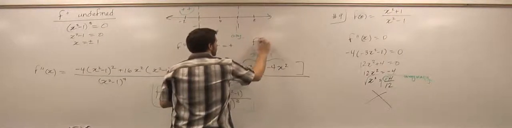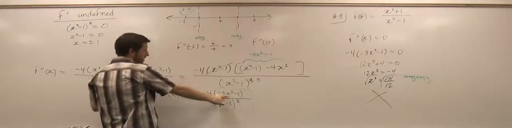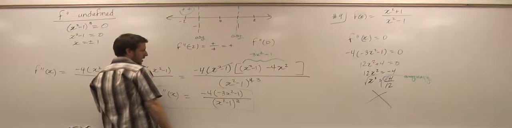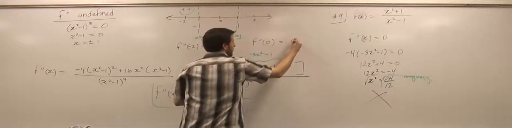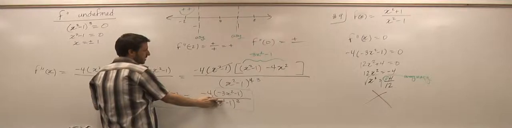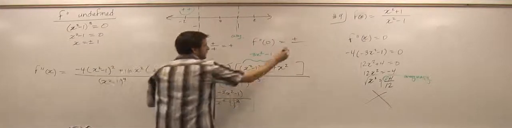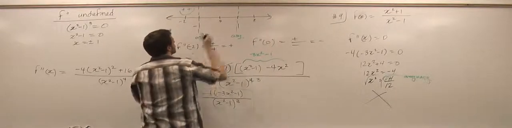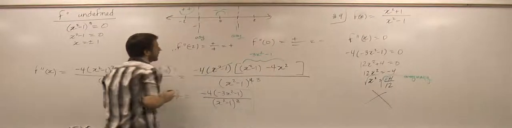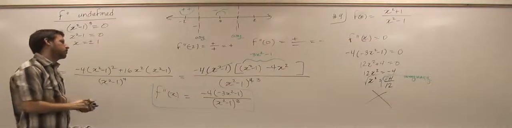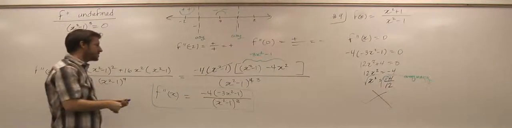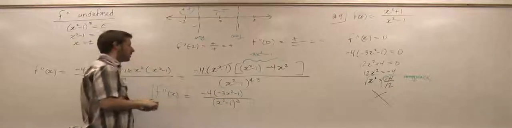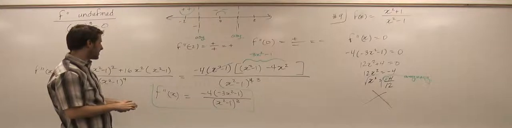Plug in 0, that leaves you with negative 4 times negative 1, which is positive. Plug in 0 on the bottom, you get negative 1 cubed, so altogether your value is negative here. And then when you plug in positive 2, the bottom will be positive, and the top will be negative again, it looks like.